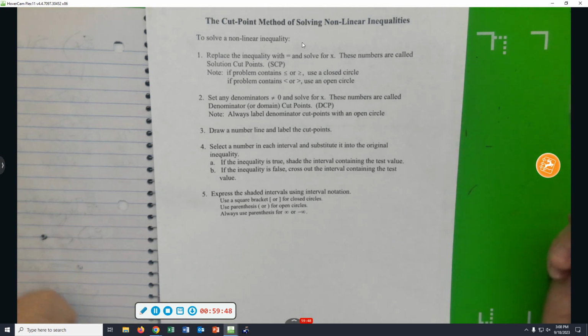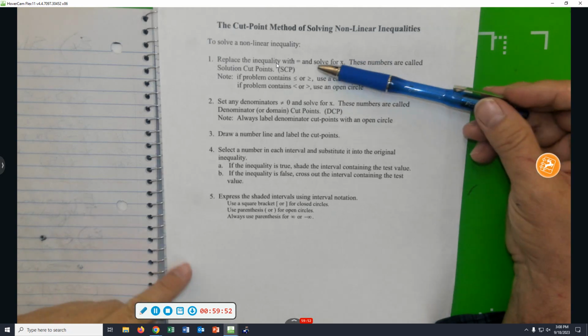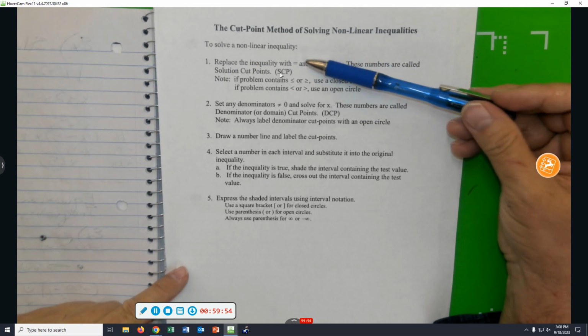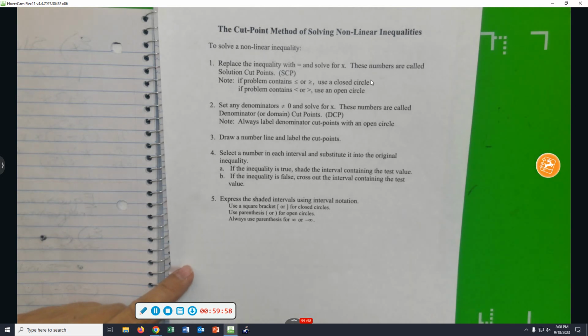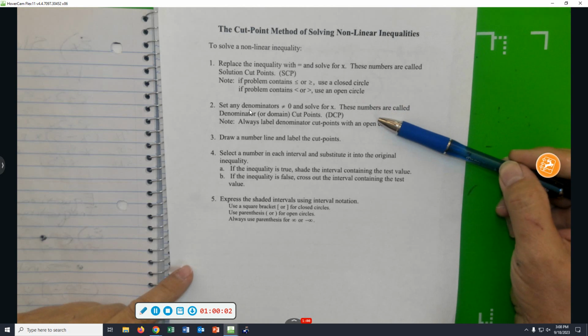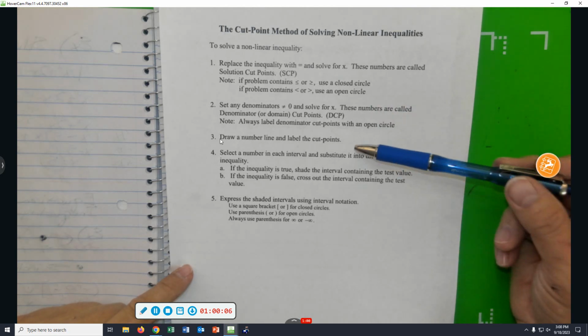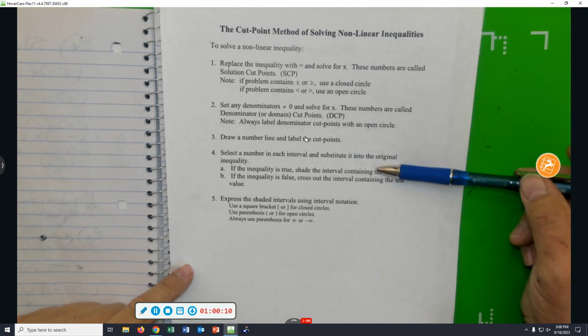We're gonna have stuff that has less thans and greater thans. Step 1 tells you how to find what's called the solution cut points, and it tells you how to do an open or closed circle. Then step 2 tells you how to find something called the denominator cut points. Those are always open circle. Step 3, you draw the number line. Step 4 tells you how to shade.